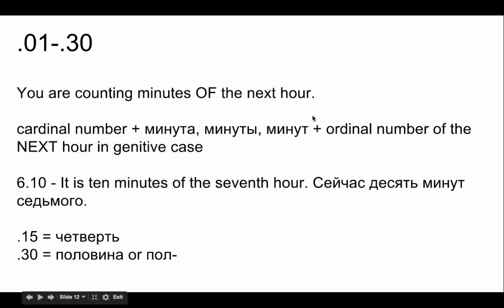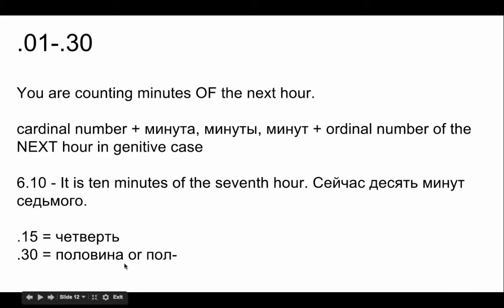So most often, almost all the time, you'll use минут, especially because people tend to round off on times. So сейчас 10 минут, and then the next hour in the genitive case, the ordinal number, 7. Сейчас 10 минут 7.